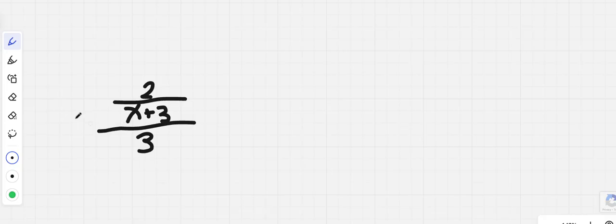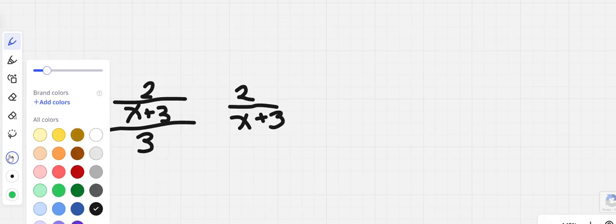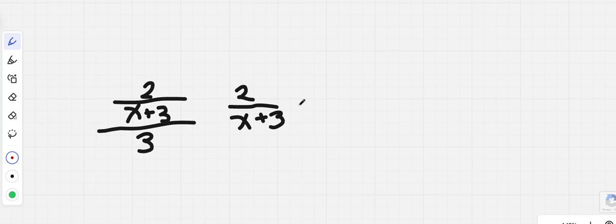2 over x plus 3 divided by 3. So we're going to rewrite this. 2 over x plus 3 divided by 3. And as we know, all whole numbers as a fraction have a 1 as a denominator.